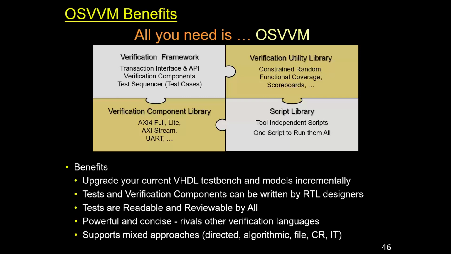Obviously, I've invested all my time in VHDL, but let me answer one aspect of that. In OSVVM, we're writing verification components in entities and architectures, something that most people are already familiar with. In SystemVerilog, they're writing verification components in classes.